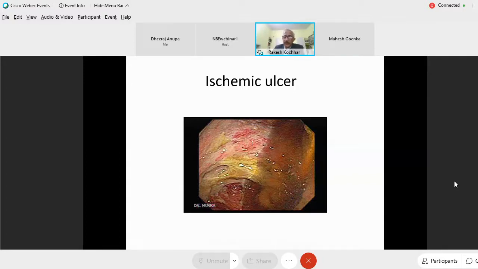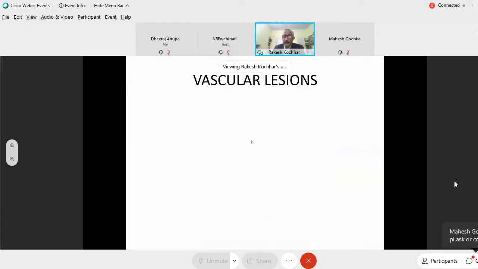So you can have similar ischemic ulcers in the jejunum or proximal jejunum in the context of superior mesenteric artery occlusion or thrombosis. So for such kinds of lesions, you need to know the basic underlying disease of the patient.